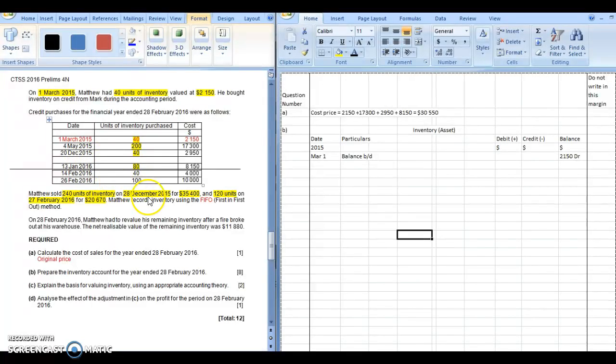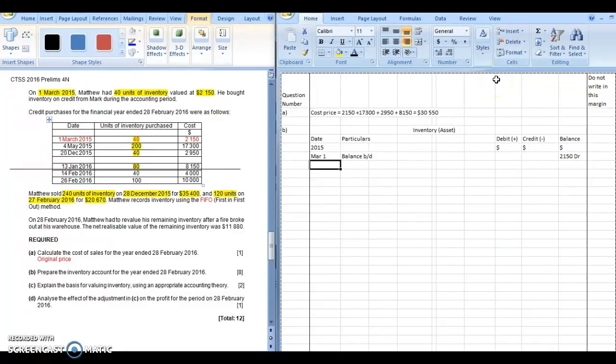You go down to the selling date, which is the 28th of December. Next, go to 13th Jan, and then 14th February, 26th February, and then you go to your selling date on the 27th February. Okay, so it's simple enough.